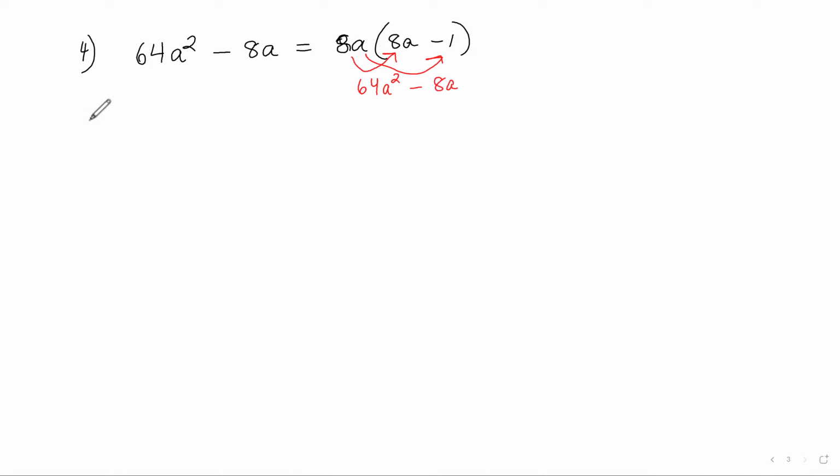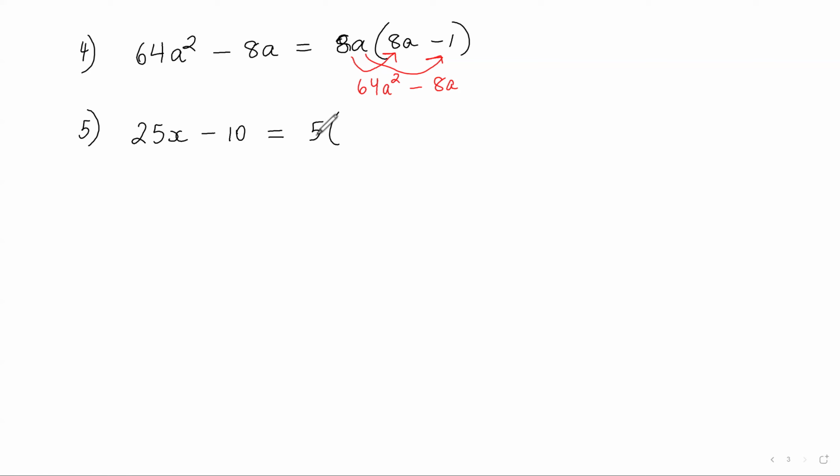Let's do Joshua. What do you think about 25x minus 10? What is the highest common factor there? 5. Yes, 5, right? And then we only have x, so x would not be part of the highest common factor. So it'll be 5. Two things you could ask: what is 25x divided by 5?